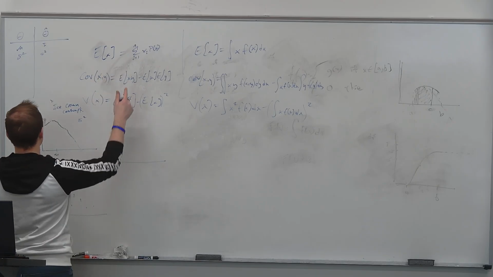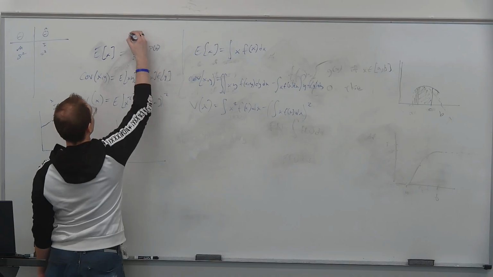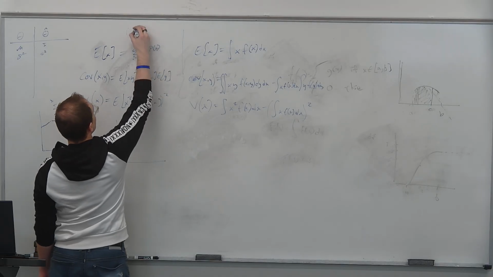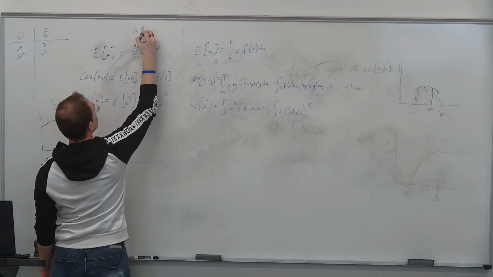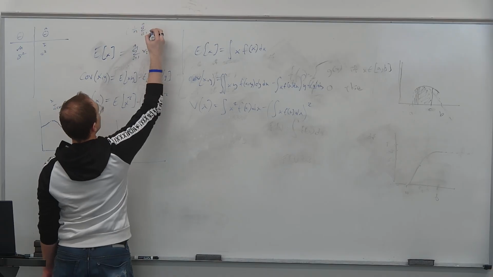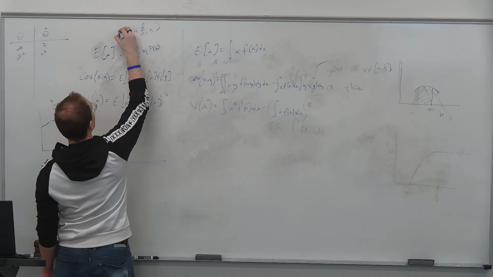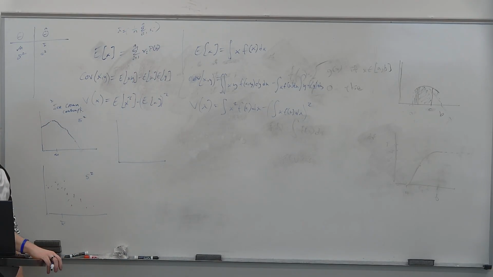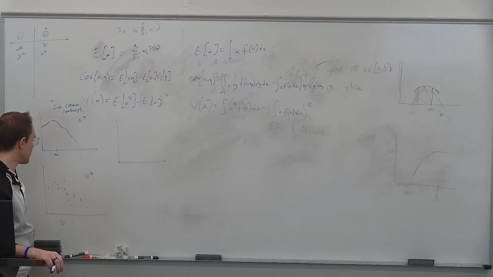So it would be 1 over n times the sum of all my x's. That's what I'm going to call x bar. So really I'm just giving all of those the same probability.